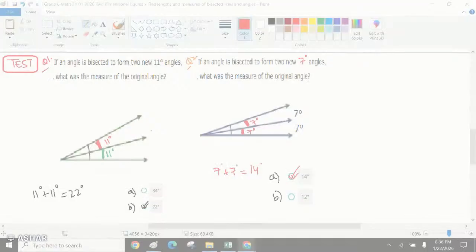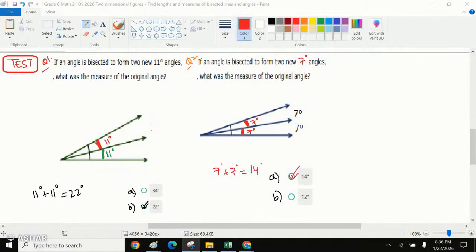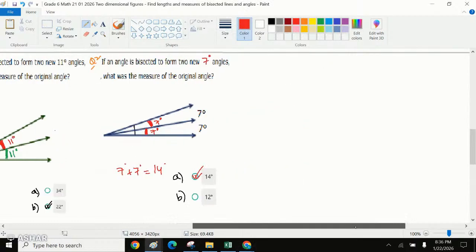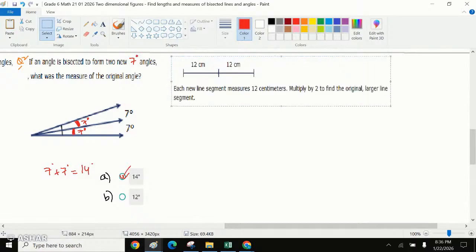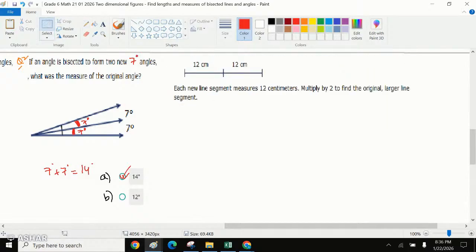So for question number 3, it says, a line is broken down into 2 smaller segments. We need to find the original length of the line.